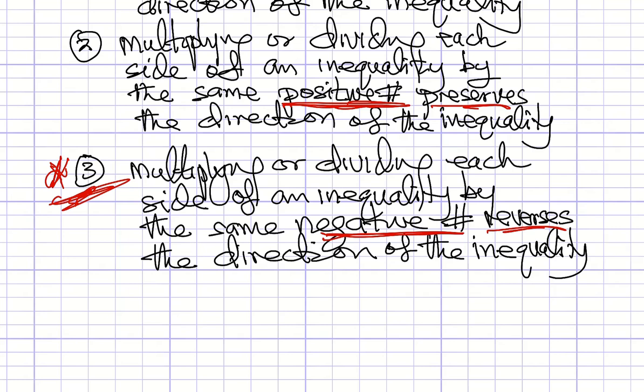In other words, if you multiply both sides of an inequality by a negative number, then it changes. You gotta reverse the direction the inequality sign is facing. If it's saying less than, then you gotta change it to greater than. That's all. So just remember this number 3 is where things are changed.